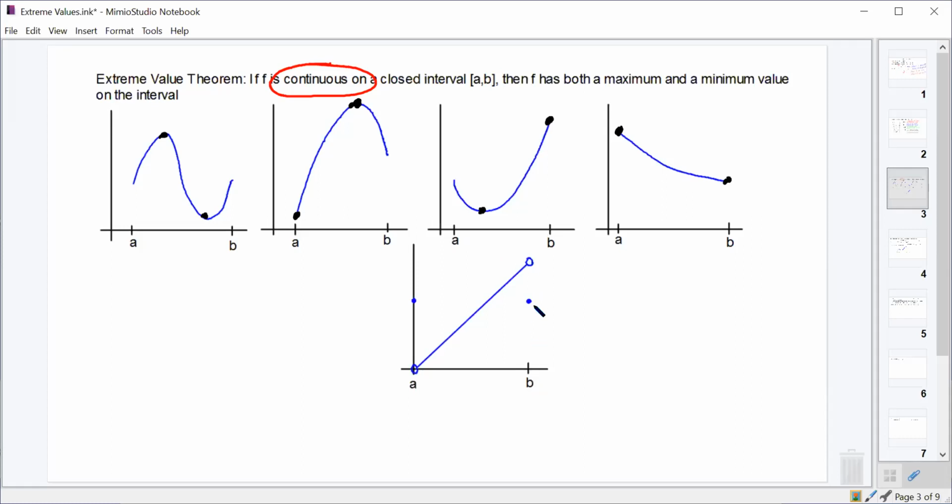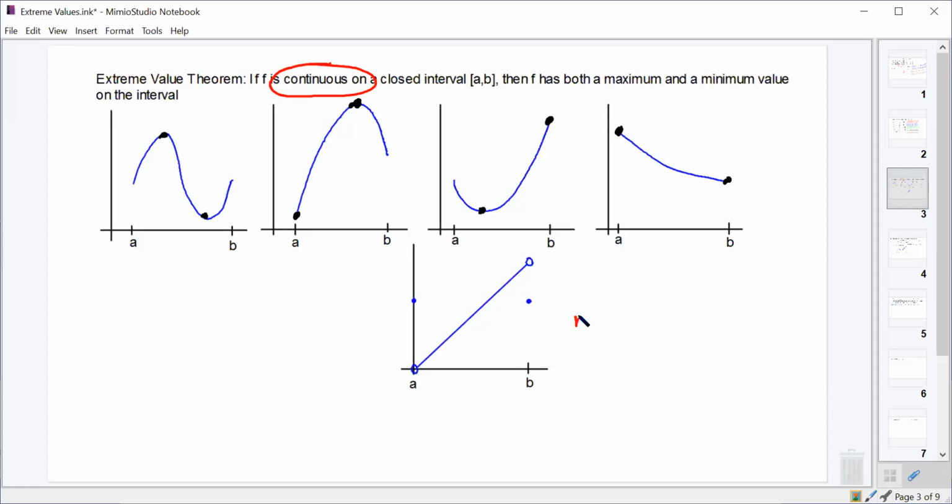And when we hit this B, we drop down here to, we'll say 6, right? And so there's no absolute max because we keep getting bigger. We go to 9.999999999 infinitely, right? We can get as close to 10 as we want, but we never actually make it to 10. Same with 0 down here. We never actually get to 0 because when we get to x equals a, it ends up jumping back up to that other value.